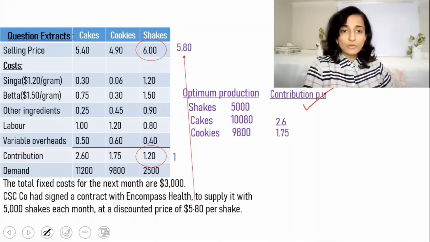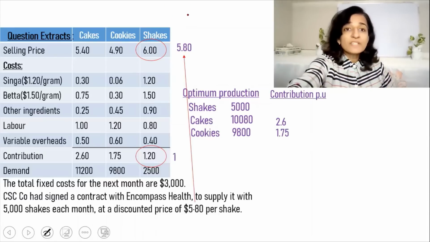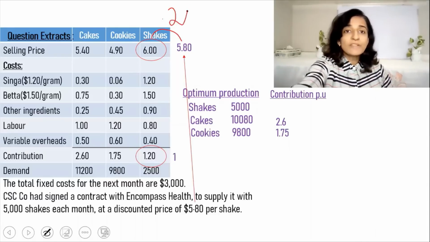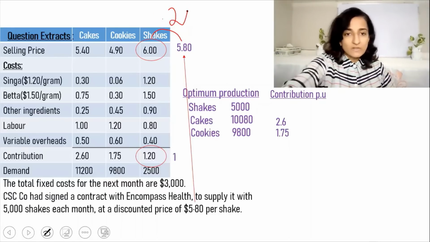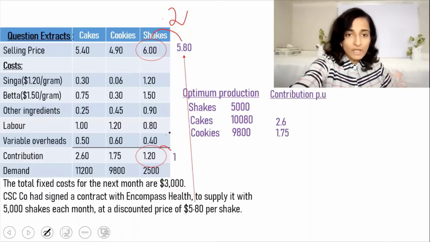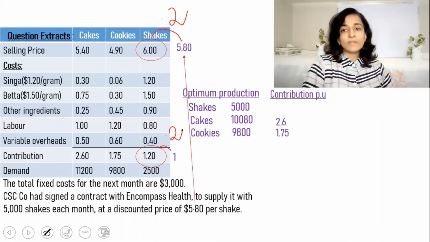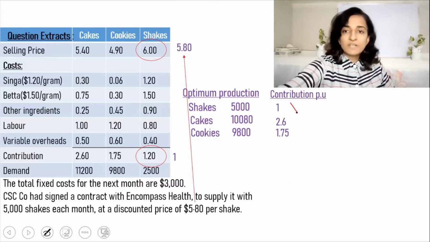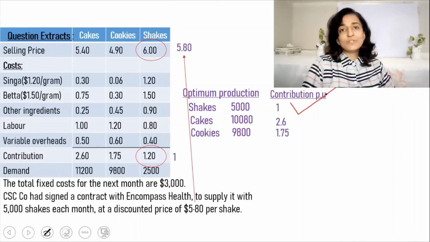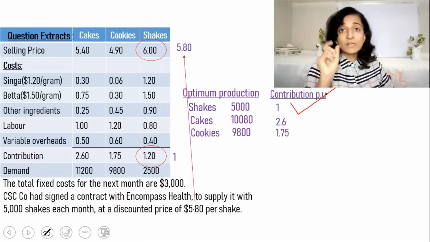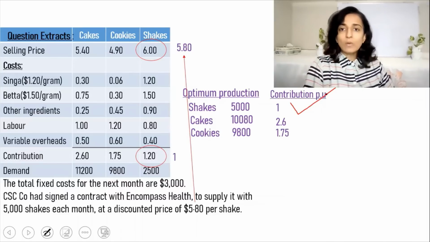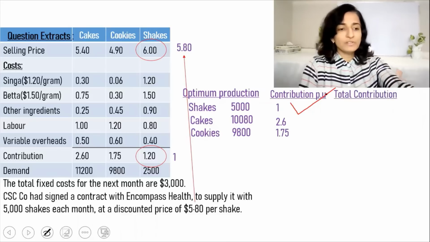We get a contribution of only $1 from Encompass because of the discount, so I have written $1 as the contribution per unit for the shakes because that was a compulsory order.